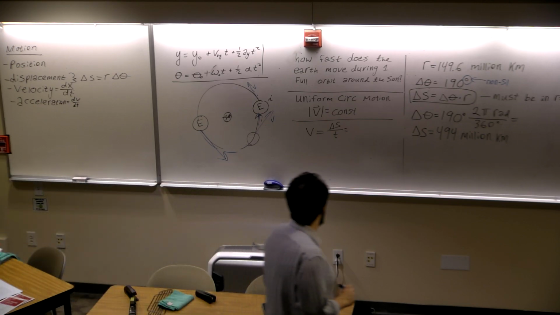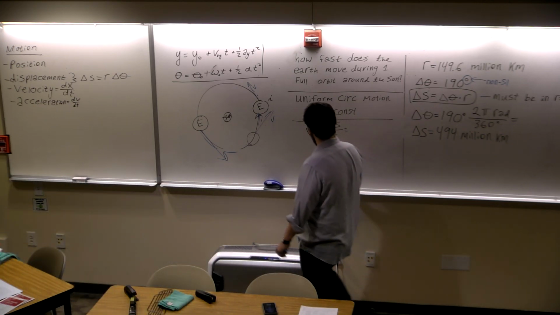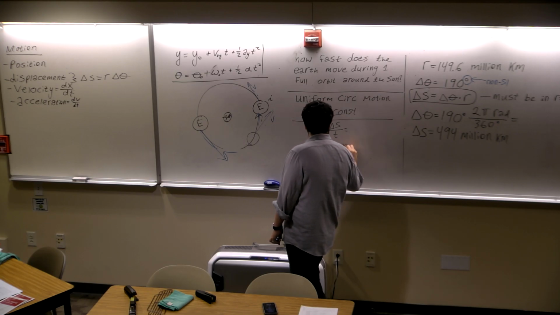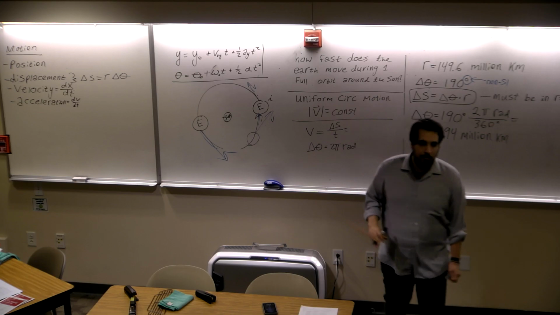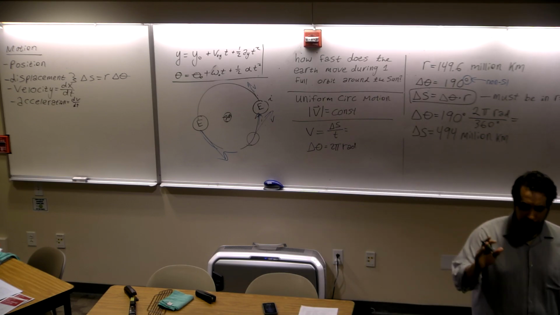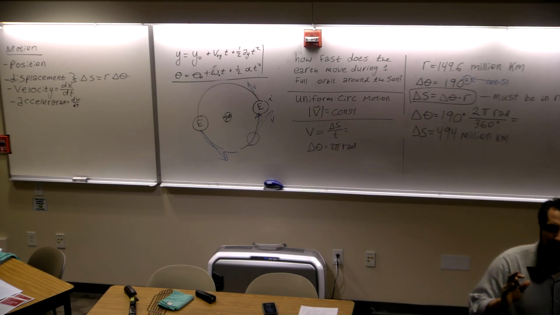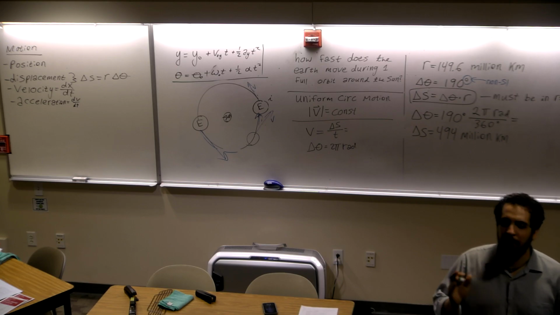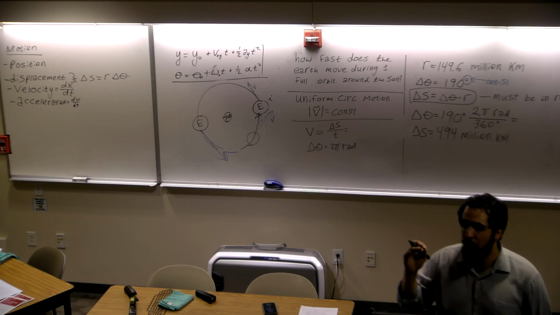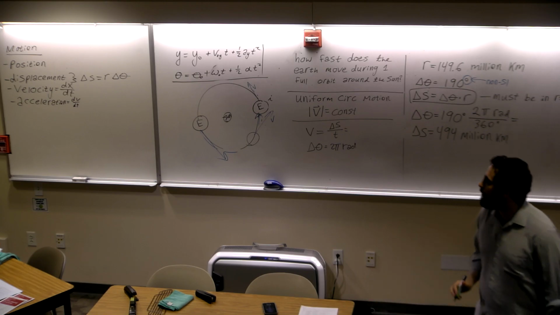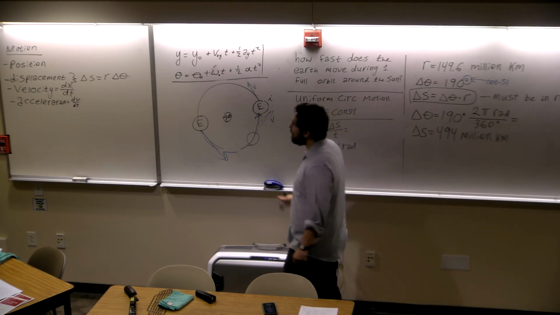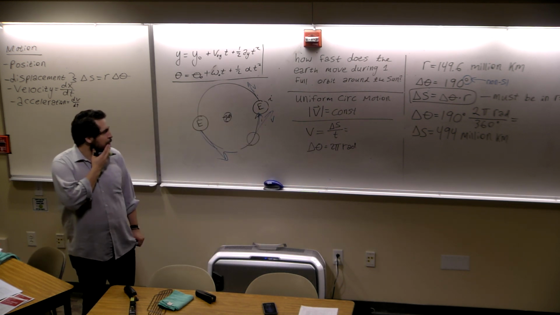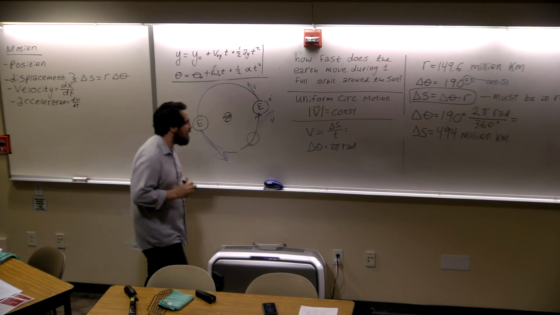So in this case, delta theta is 2 pi radians. 360 degrees is absolutely true. We can also say it's 1 revolution. But for the case of rotational motion, we often like to use radians. Radian is a unit that actually means something. Degree is arbitrary. I gave you the radial distance, some million kilometers. So we have a way to figure out delta s, and then the question is t.